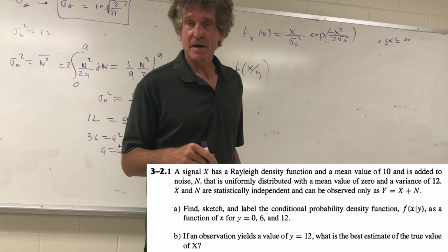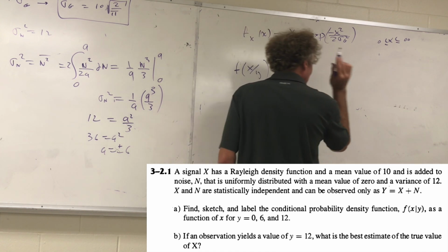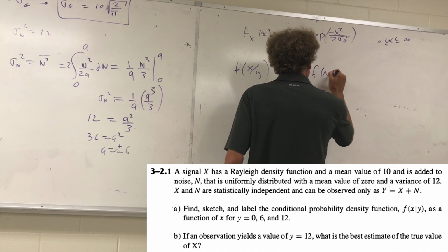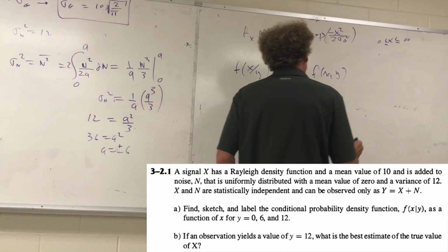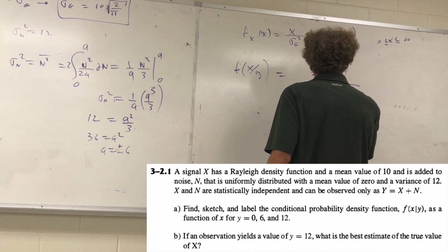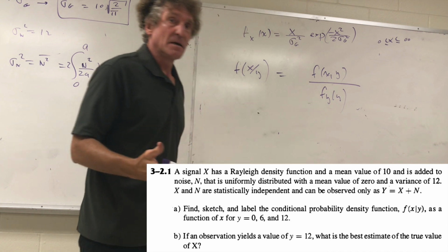More on this later, but I think you can appreciate this is an important piece of information. Technically, this is f of xy, that I'll get to in a second, divided by f of y, based on Bayes' theorem and stuff like this.